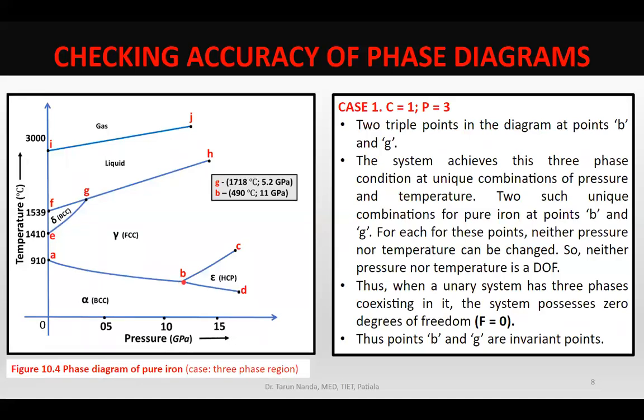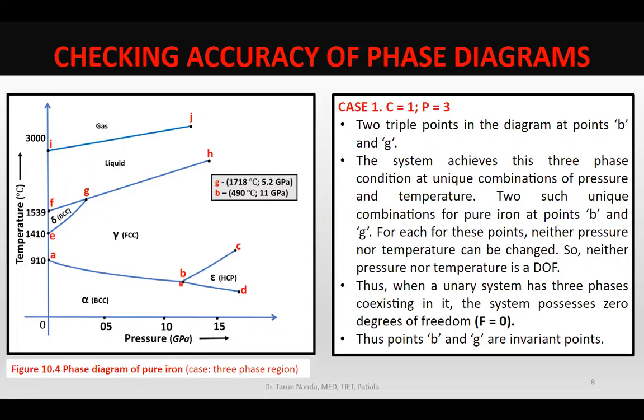Somebody can say, sir, if I come from B to G, the number of phases is remaining the same, but the type of phases has changed. The definition of degrees of freedom is that it should not result in the appearance of any new phase or the disappearance of an already existing phase.